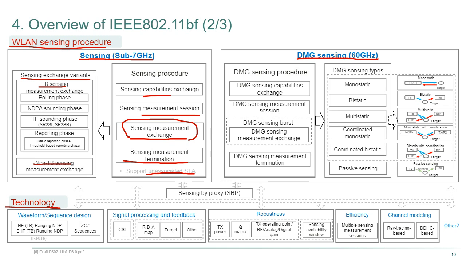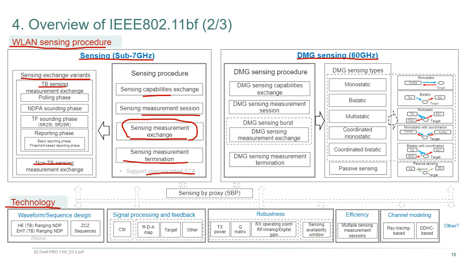And if we open the details, there are different phases for each procedure: holding phase, NDPA sounding, TF sounding. So on the next slide, we will give you some examples of the procedures, to give you more understanding of this complicated-looking procedure.